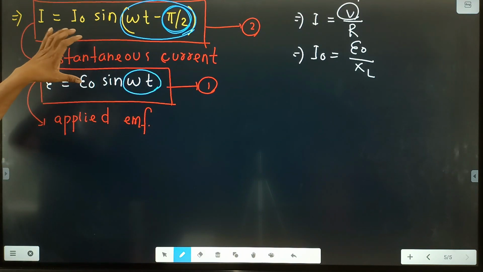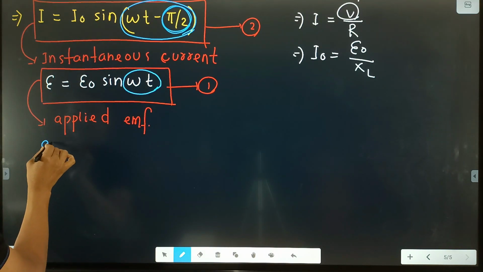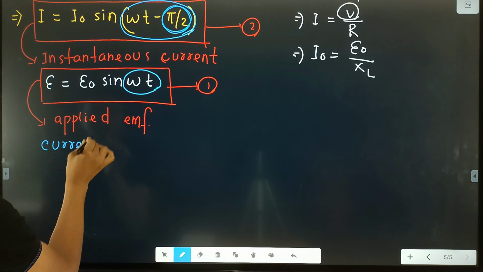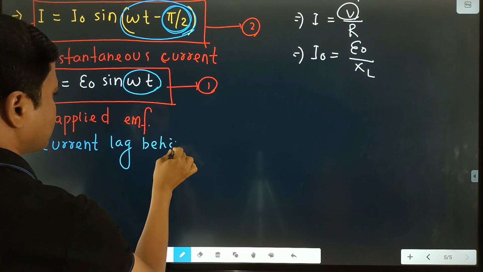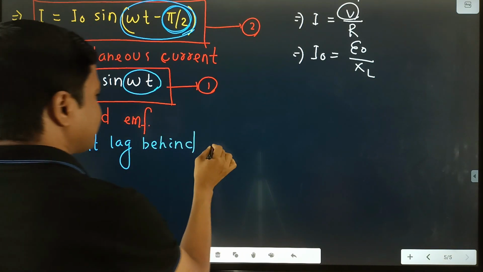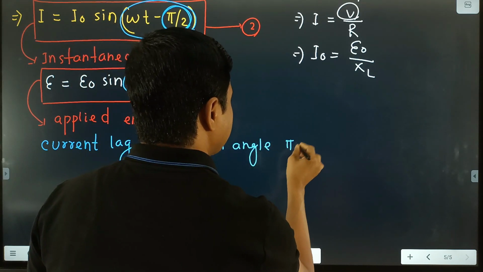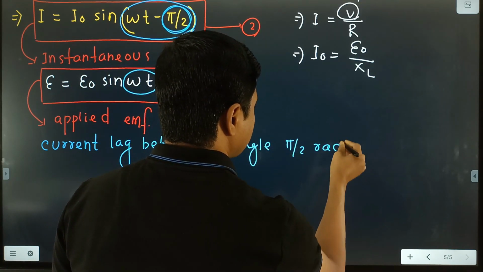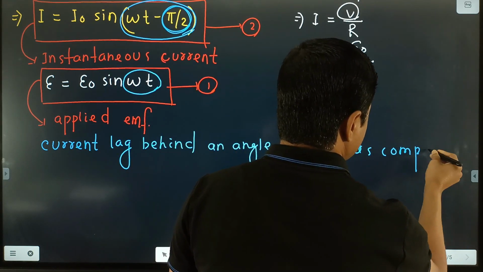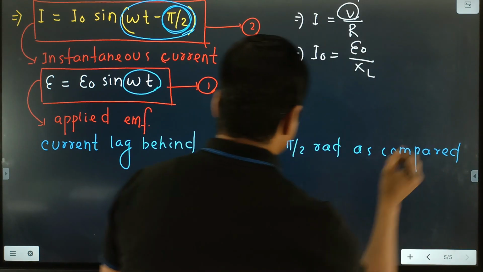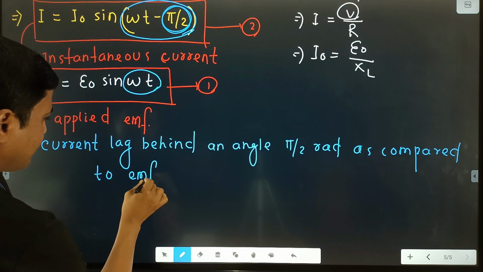That means from these two equations, we write current lags behind by an angle pi by 2 radian as compared to EMF.